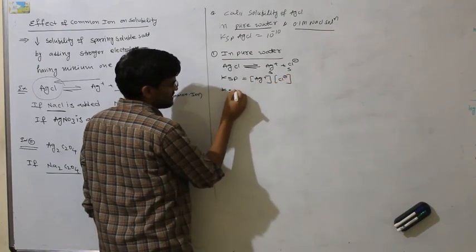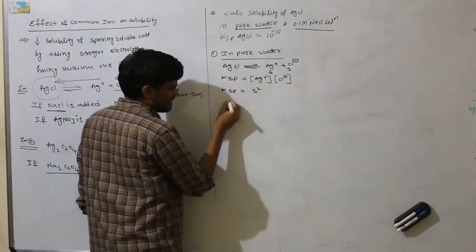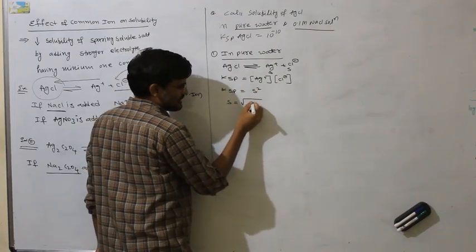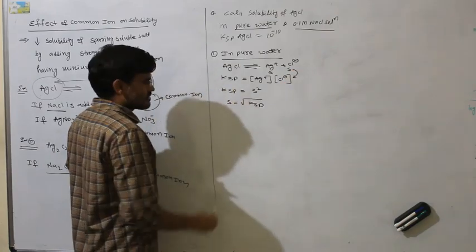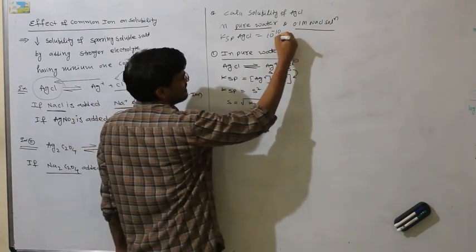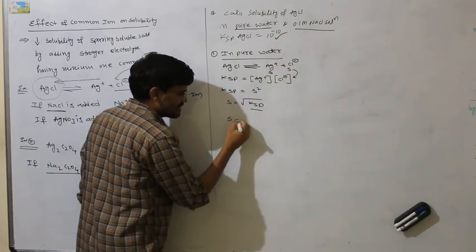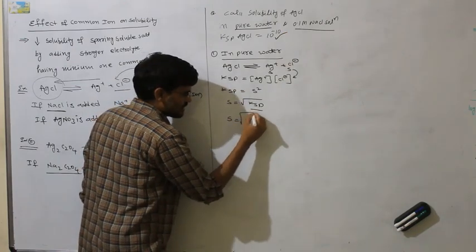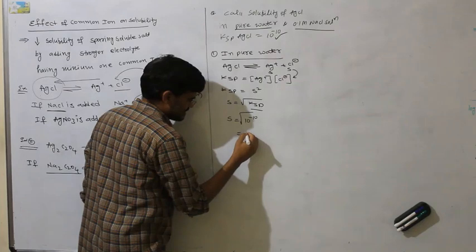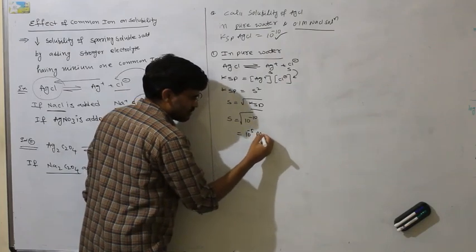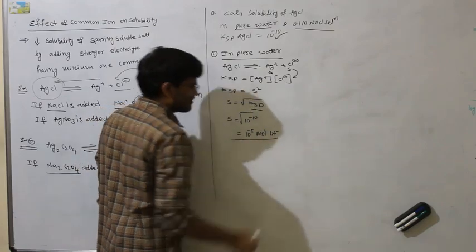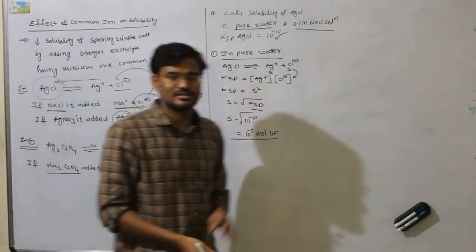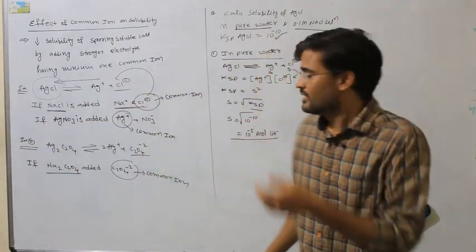So Ksp is equal to S square. S is equal to root of Ksp. Substituting the value, Ksp given in the question is 10 power minus 10. So solubility is root of 10 power minus 10, that is 10 power minus 5 mole per liter. 10 power minus 5 is the solubility of silver chloride in pure water.